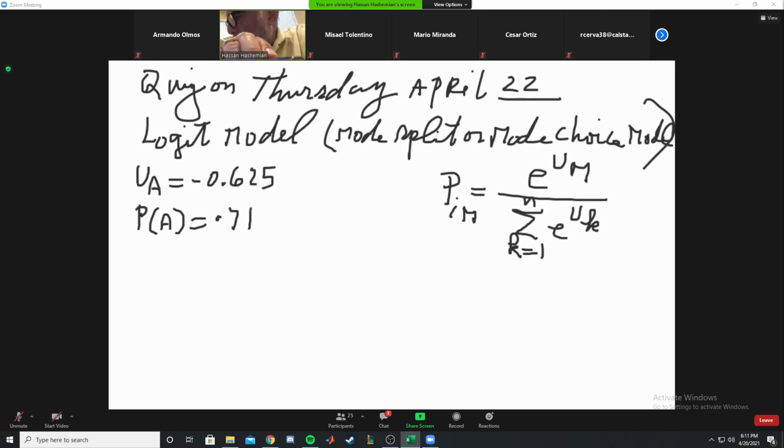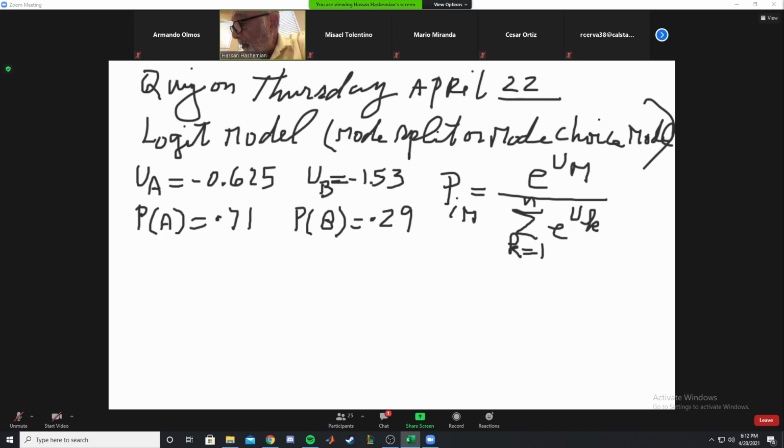We did that problem last time. And then the utility of bus was minus 1.53. When we put them into our model, the probability of b, or going with the bus, was 0.29. So the summation of these two probabilities is equal to 1. This is as far as we went.